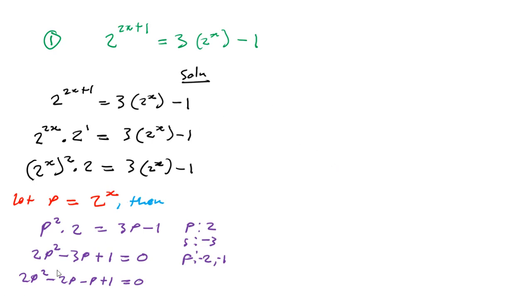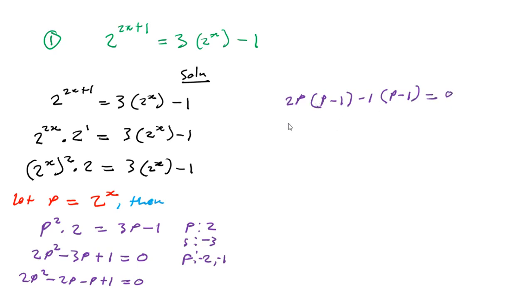When you factorize by grouping, this will be 2p outside, then open bracket p minus 1, and then you can simply put negative 1 there, open bracket p minus 1, like that. This should be equal to 0.